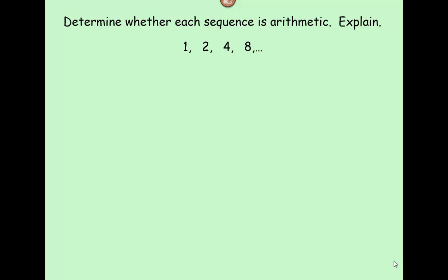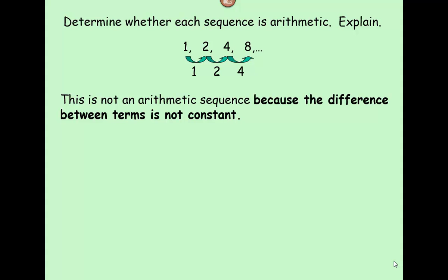We multiply by 2. So in this one, you can see you add 1, add 2, and add 4, or you can think of it as we just doubled or multiplied by 2. Because that difference isn't common each time, it is not an arithmetic sequence.